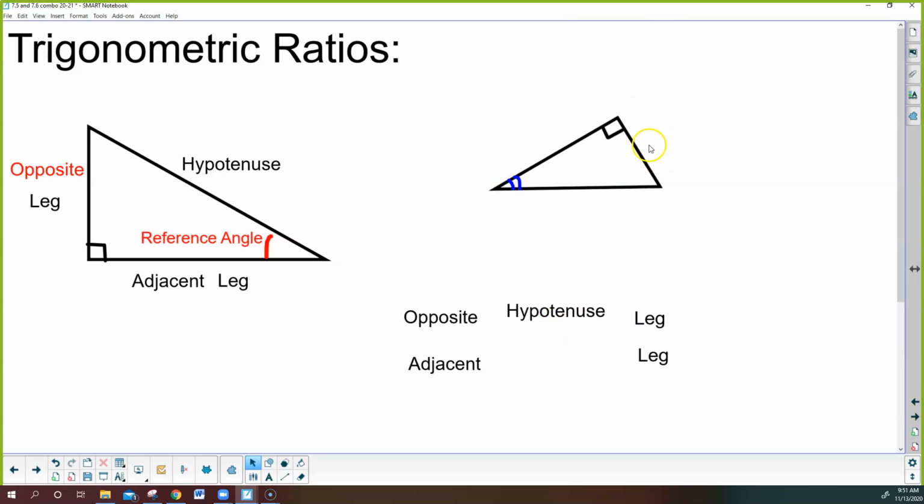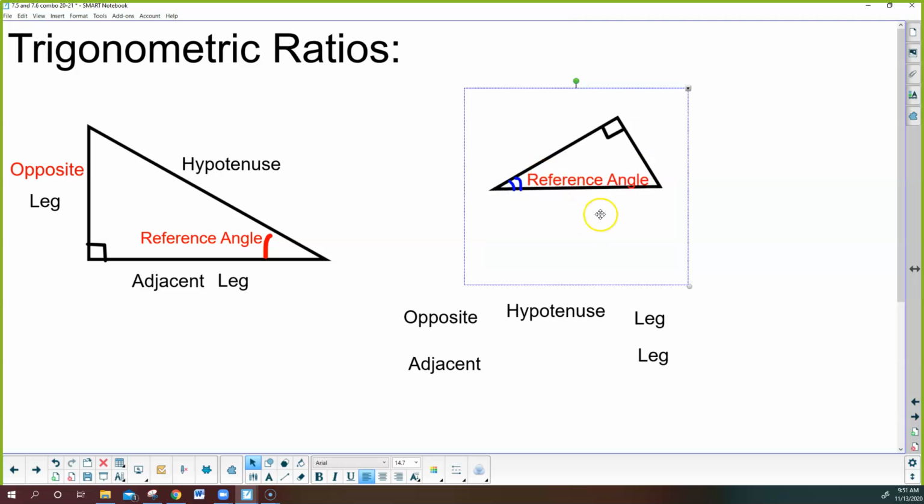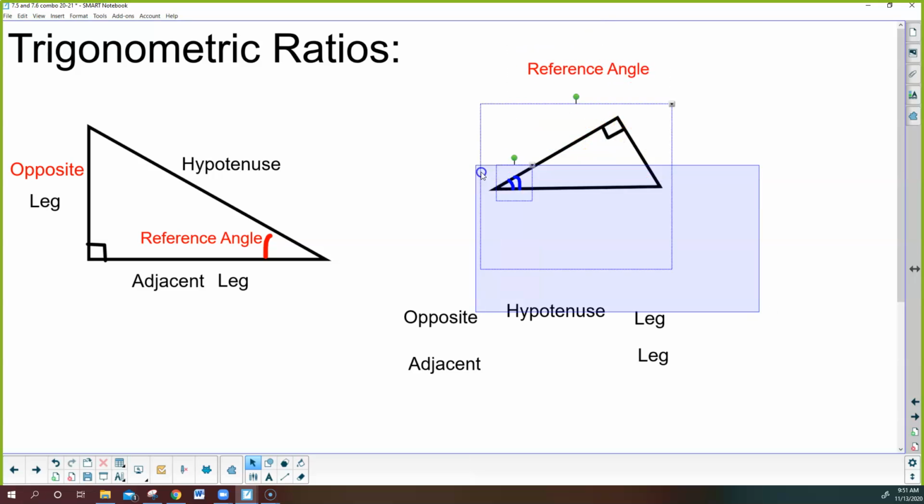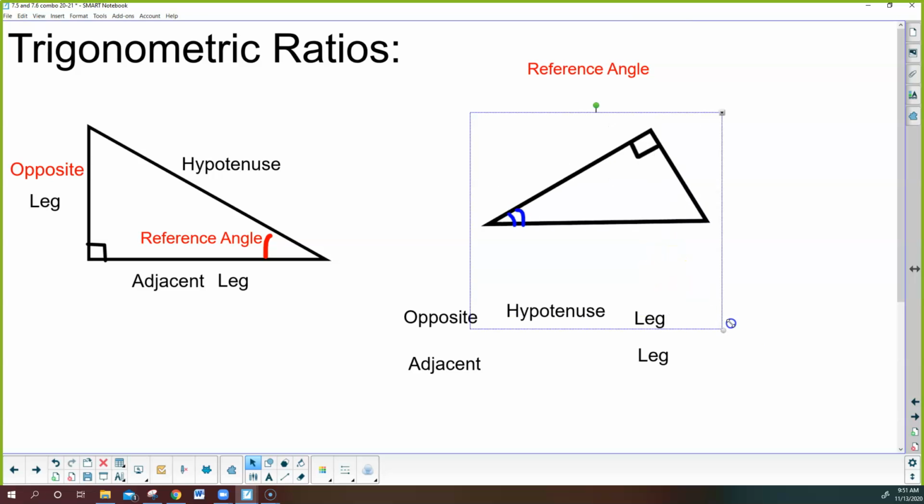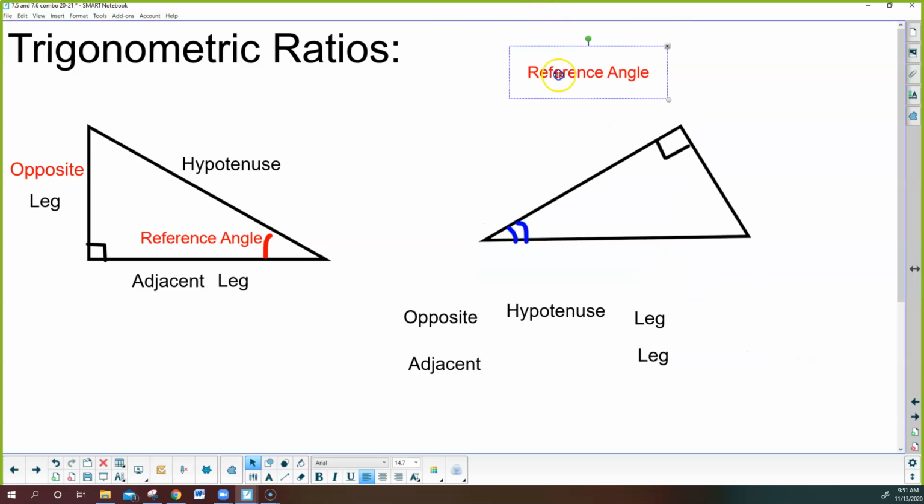So let's say I have this picture right here. Now, first thing I'm going to do is make this just a little bigger.